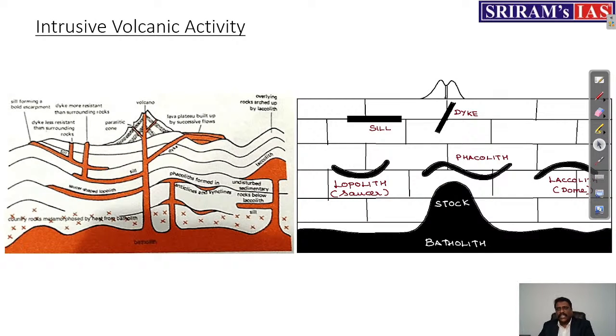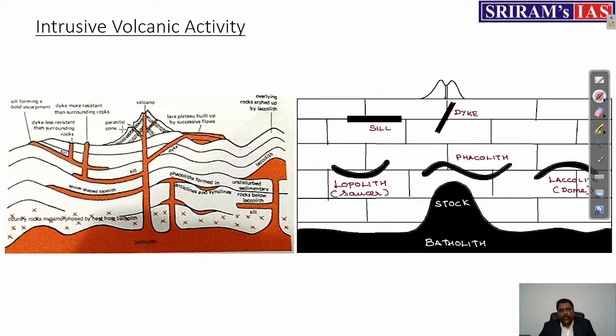And finally, what we have is intrusive volcanic activity. The magma, when it tries to come to the surface of the earth, if it is not able to reach the surface, and somewhere it gets solidified well within the earth, it forms this intrusive volcanic feature. And how can it reach the surface?